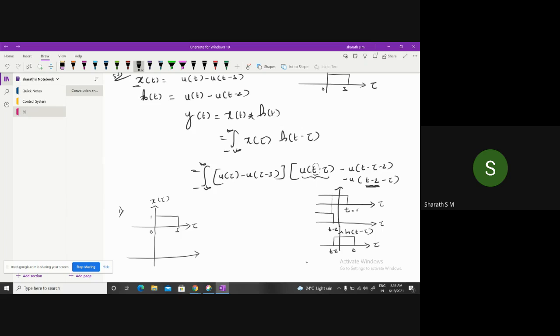In the first case, we need to write the output y of t equal to 0. To make y of t equal to 0, there should be no overlap between these two signals. So t starts from the negative scale, and there is no overlap between these two signals. This is h of t minus 2.